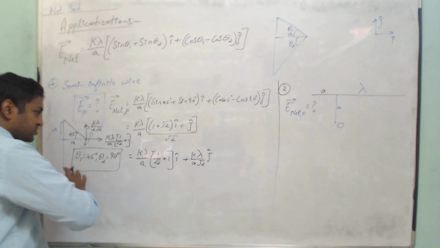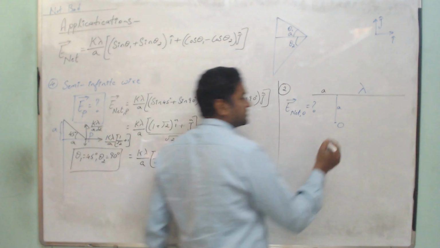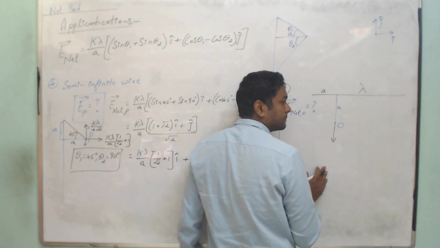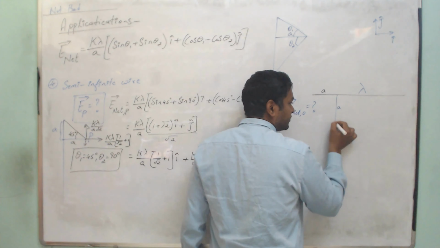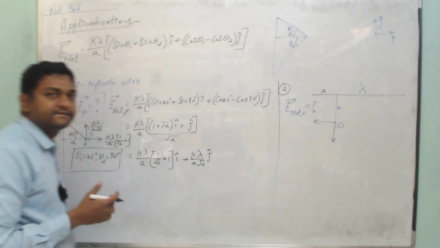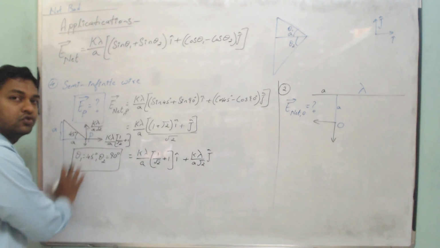Yes, sir. So if we compare these two figures, my first thing will be away from the wire like this, and the other will be away from the larger side of the wire. And I have already calculated the story over here.